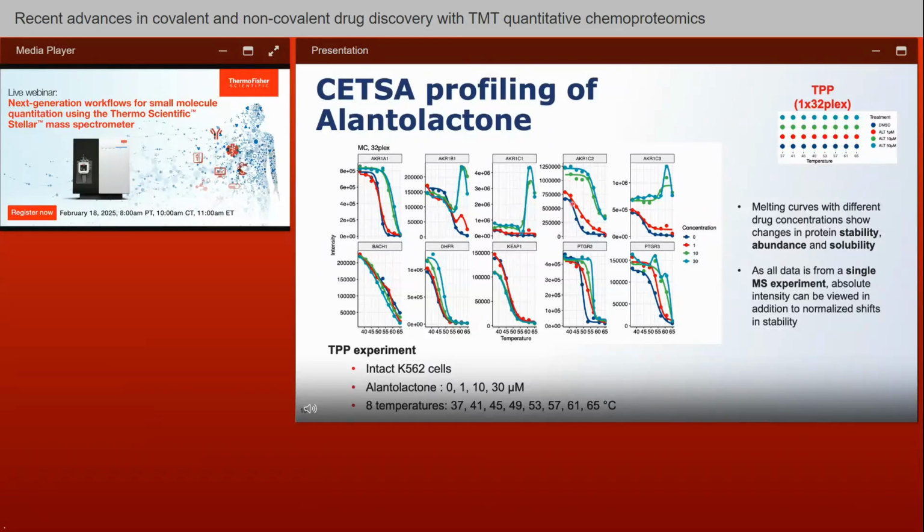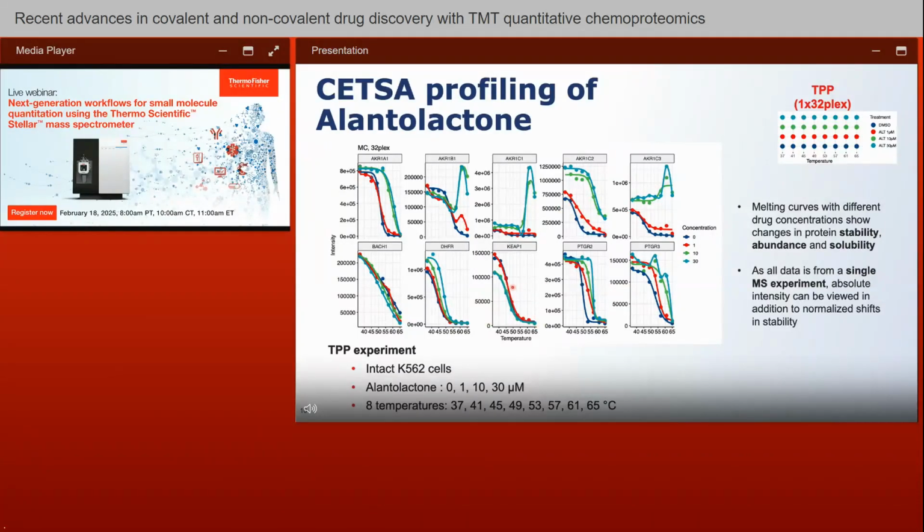So we can see that some of the changes observed in the PISA experiment are driven not only and not mainly by the stability change, but also due to the change in protein solubility.